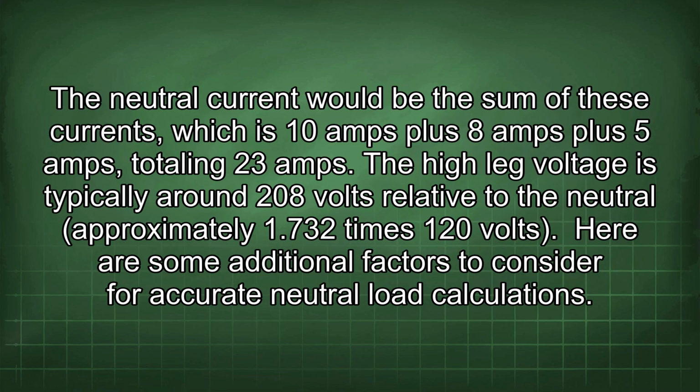The neutral current would be the sum of these currents, which is 10 amps plus 8 amps plus 5 amps, totaling 23 amps. The high leg voltage is typically around 208 volts relative to the neutral, approximately 1.732 times 120 volts.